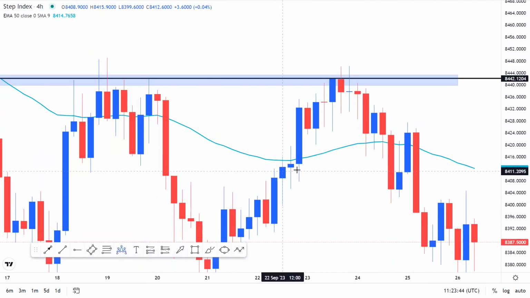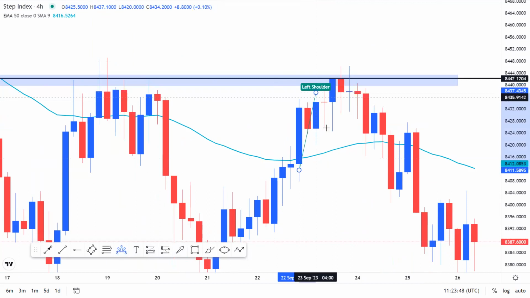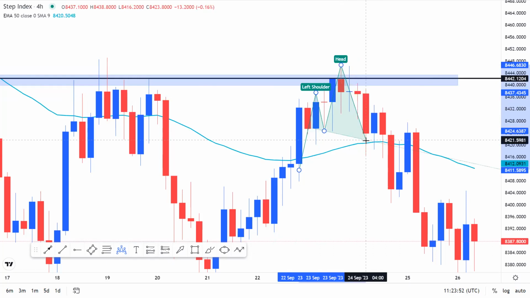That was when I noticed price printed a left shoulder, a head, and then a potential right shoulder.